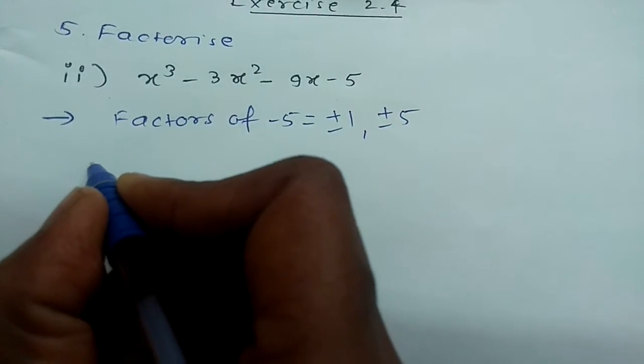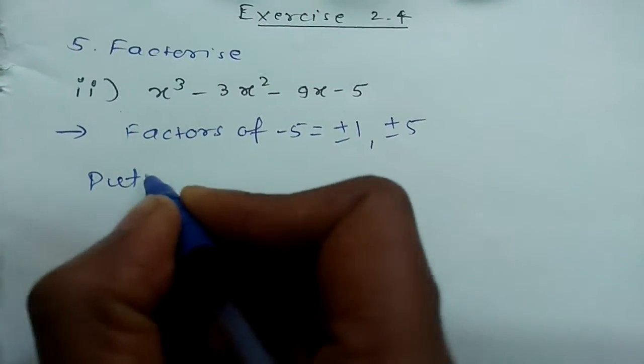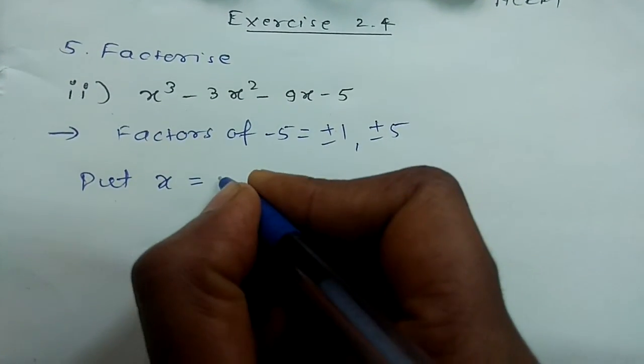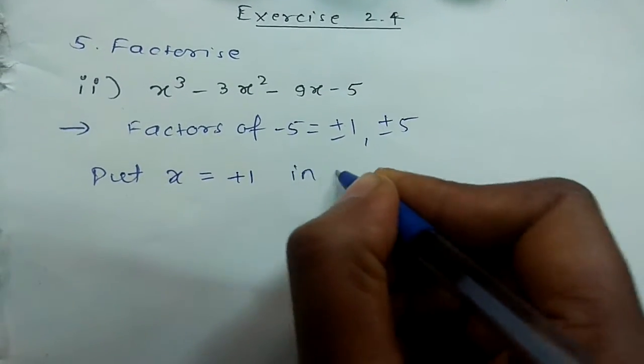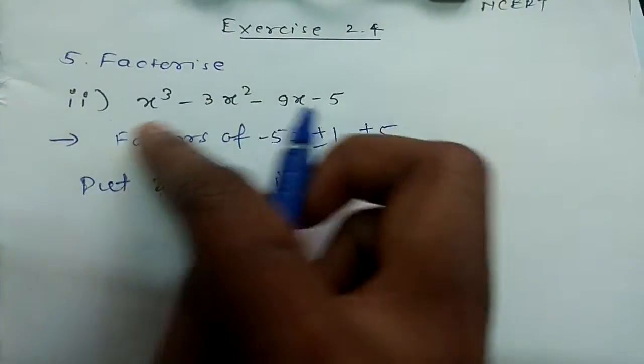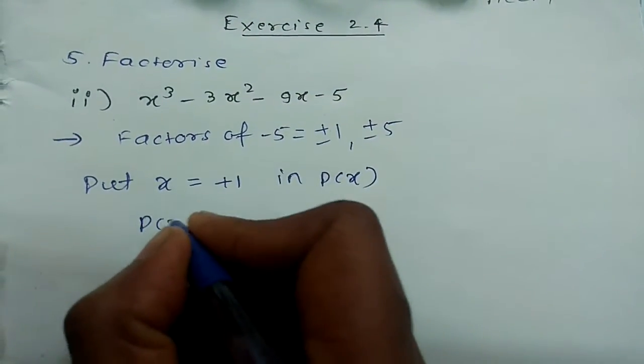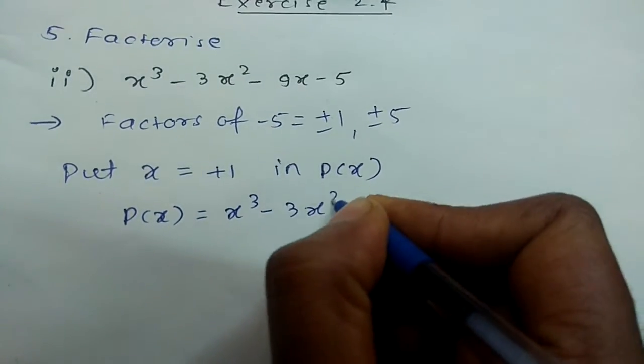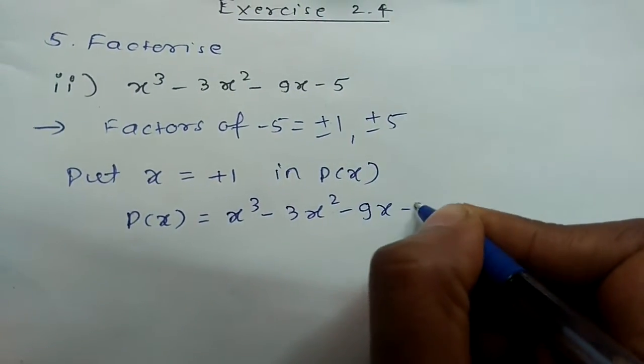I would like to take x equals plus 1 here in p of x, that is a polynomial in x. This is our p of x. So let us write p of x is x cube minus 3x square minus 9x minus 5.